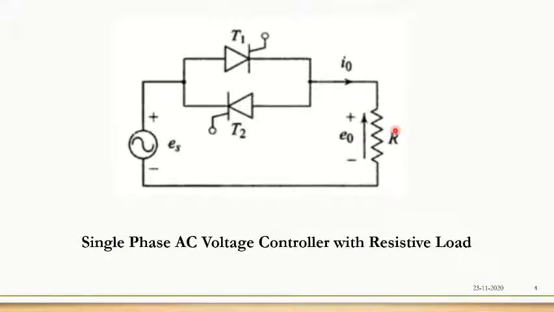Now recall how the waveforms would appear. In the positive half cycle, T1 is forward biased. After you give the gate triggering signal at angle alpha, from 0 to alpha, T1 is forward biased, which means the supply will be visible across T1.